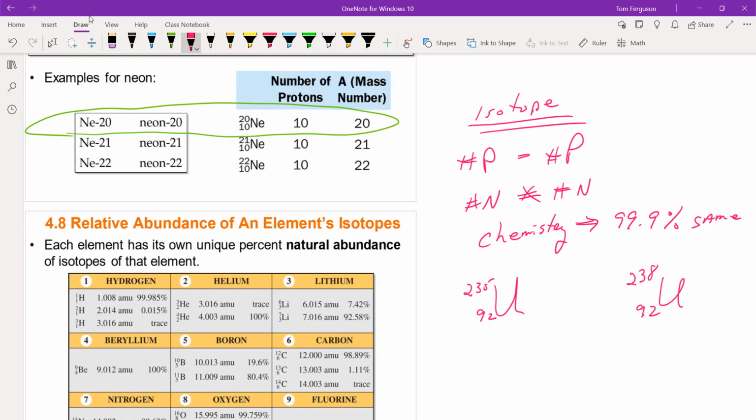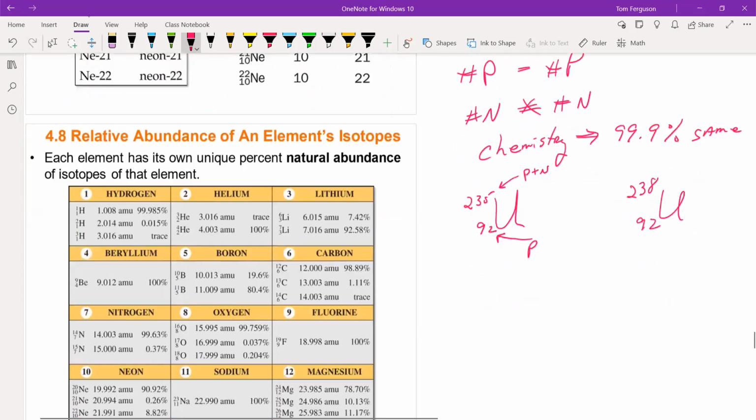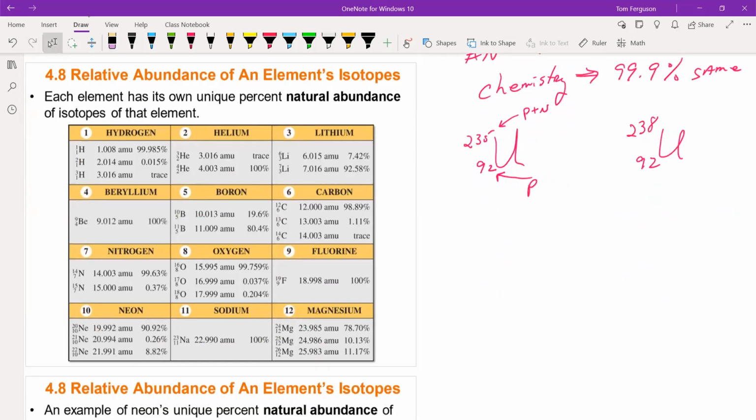Okay, so as a review, the top number is protons plus neutrons. The bottom number is how many protons, or the atomic number. Now, as you can see over here on the left, elements are not distributed equally around the universe. Some isotopes are much more stable than others.